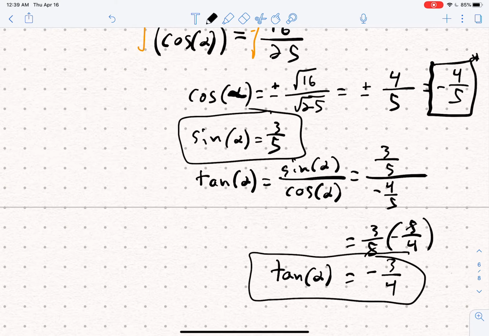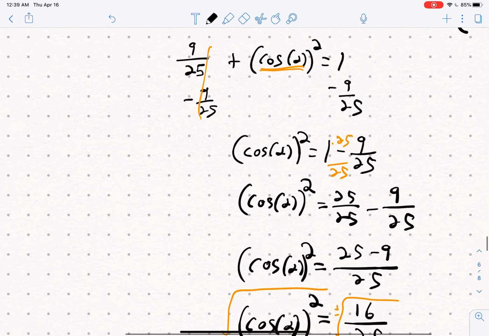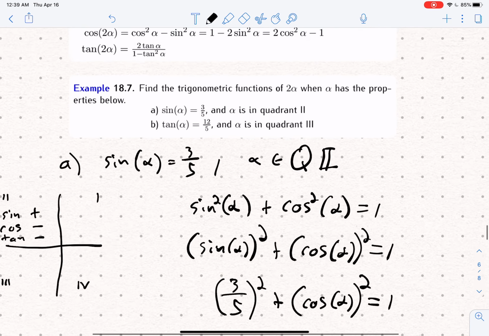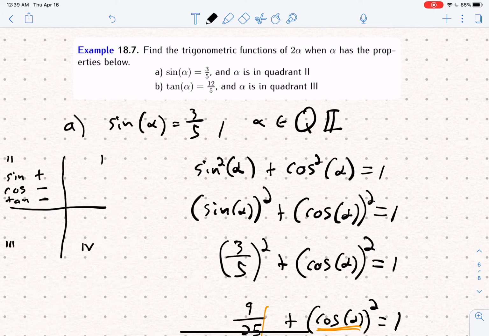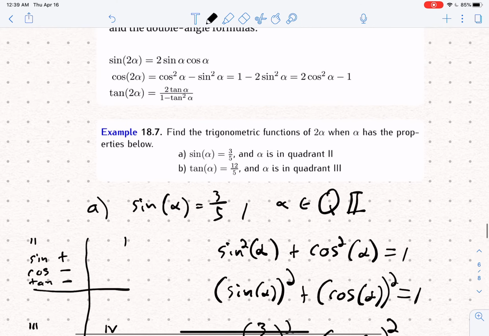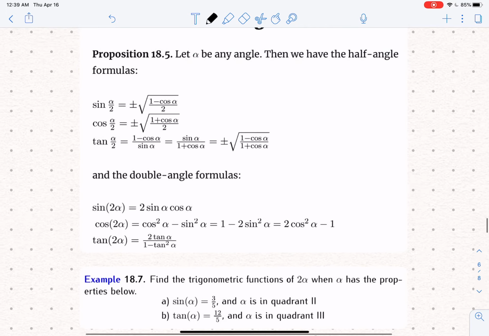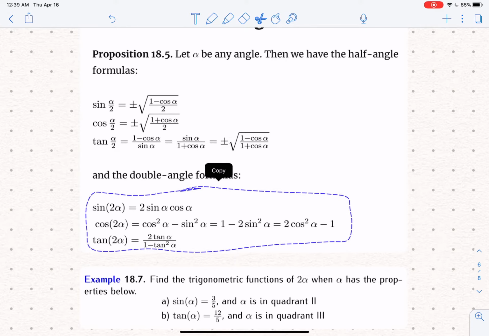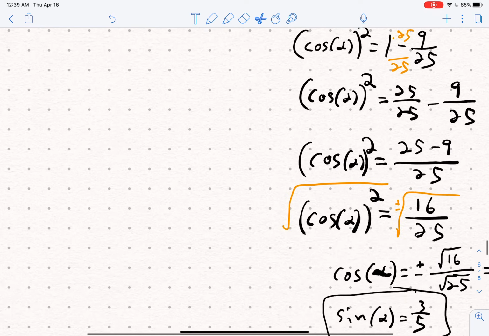Okay, let's go ahead and look at our formulas. Now, the example says, find the trig functions of 2 alpha. So the trig functions, let's find at least sine, cosine, and tangent. And we're going to need the double angle formulas, and those are given to us here. I'm going to go ahead and take a copy of them down below for us to look at.